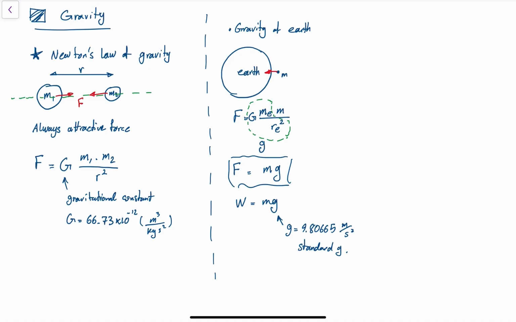A few things to remember or note about this is that, first of all, g is not constant. It is different depending on where you are on Earth. The Earth's mass distribution is not completely uniform. So g is a little different in every location.